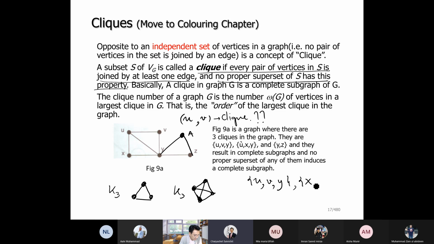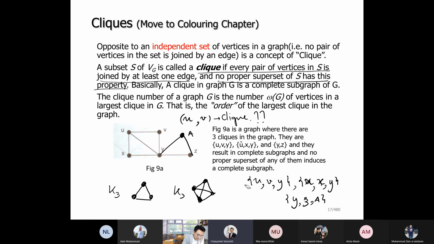And we have X, U, X, Y, and we have Y, Z, A, right? This is 3 cliques.